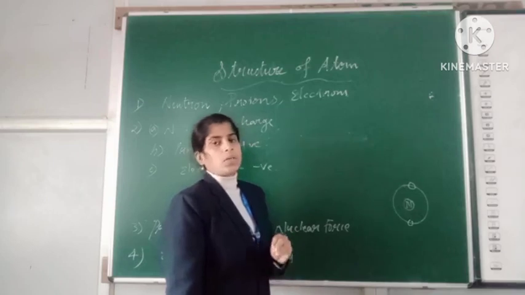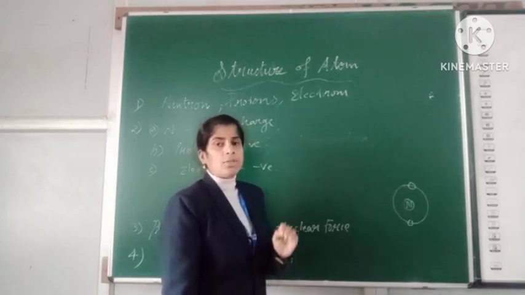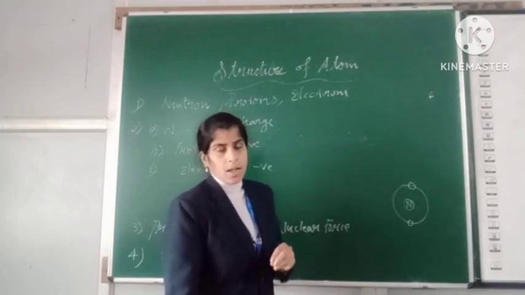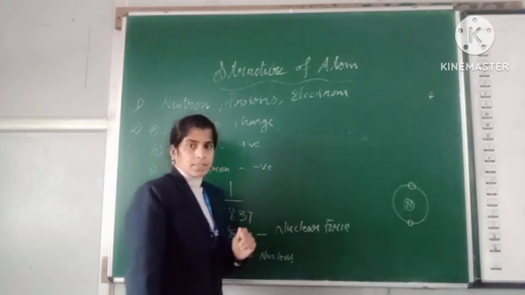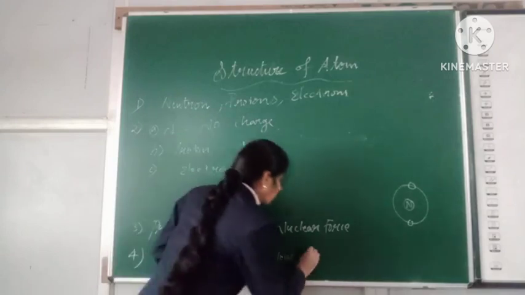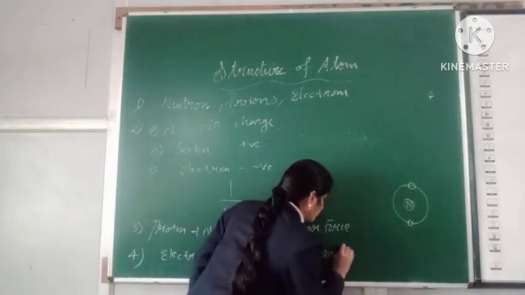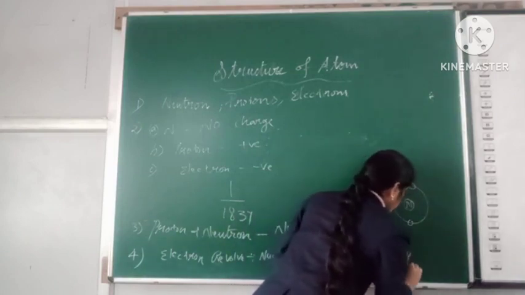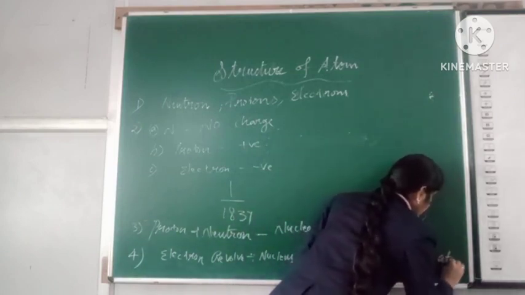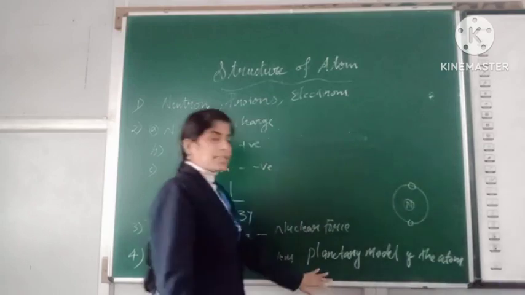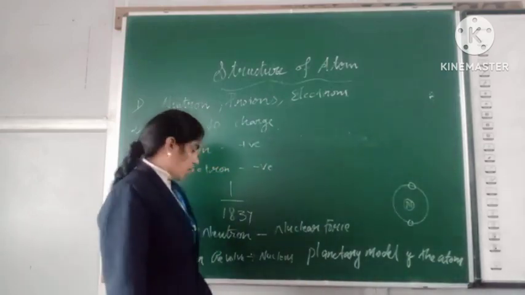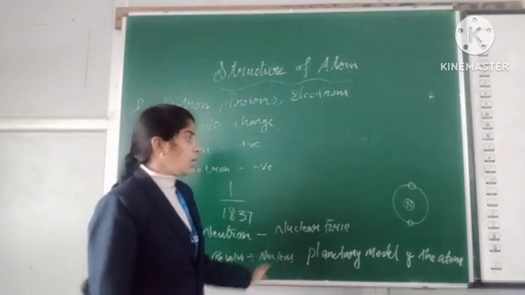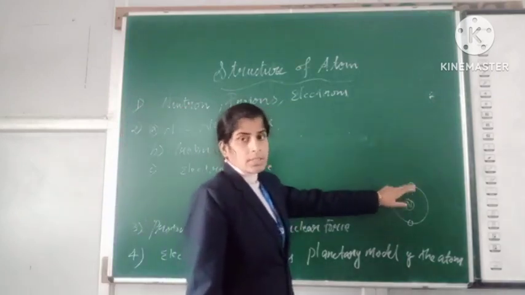So this we call as what? Planetary model of the atom. See, once again, you know that the electrons revolve around the nucleus, like our sun and the planets.